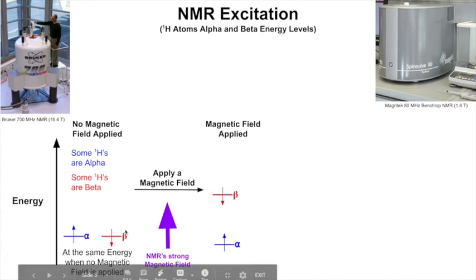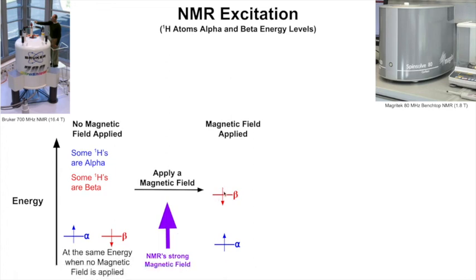So remember, nuclei like hydrogens can have spin, and when it's not in a magnetic field, there are two spin states, alpha and beta. They're the same energy. You put them in an NMR with a very strong magnetic field, and the spins get separated in energy. The alpha spin state, which is in line, they're both pointing up with the NMR's strong magnet, it's lower energy.